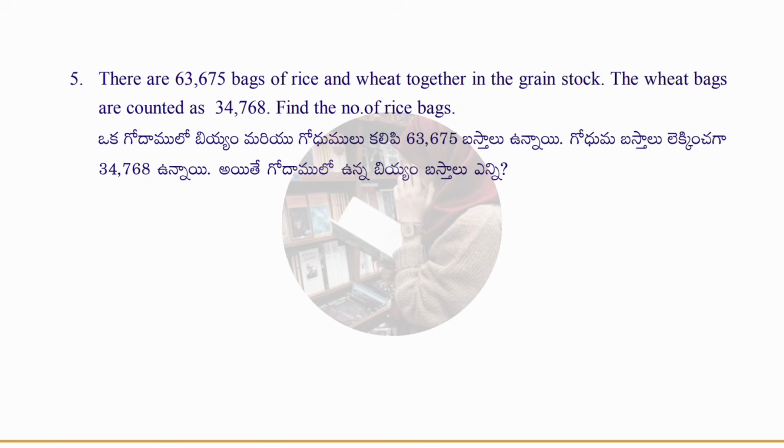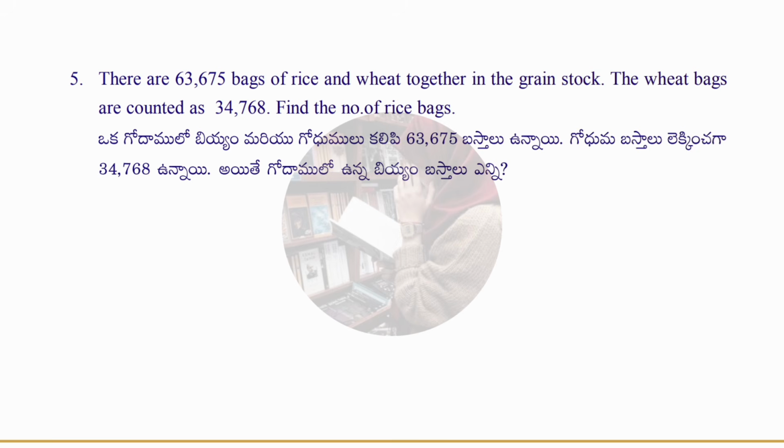If we add both rice bags and wheat bags together, we get the count as 63,675. Then we counted only wheat bags, and the total number of wheat bags was 34,768. Now we have to say how many rice bags there were. For that it's clear, we have to do the subtraction, then only we will get the answer.